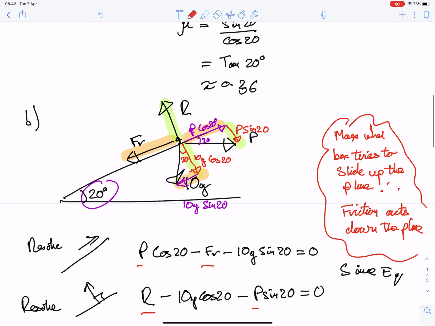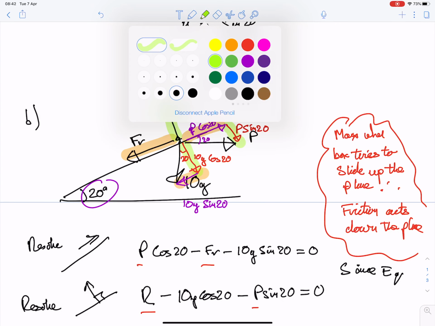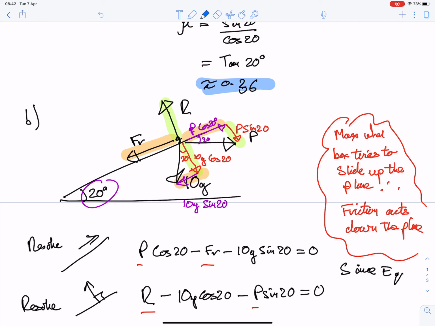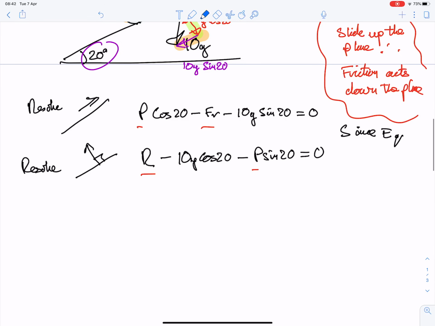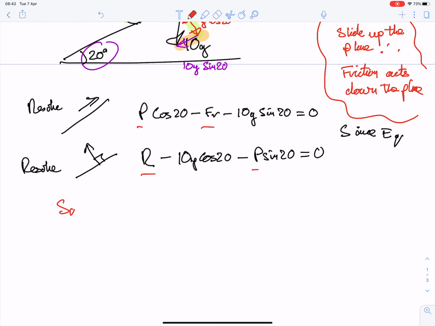From above, because the slope hasn't changed, we're on the same slope here, same plane, therefore mu still equals tan of 20.